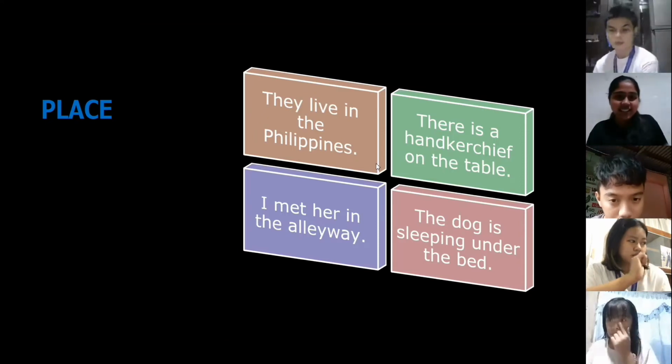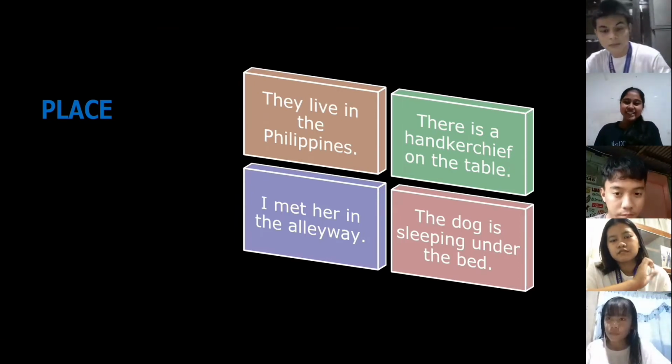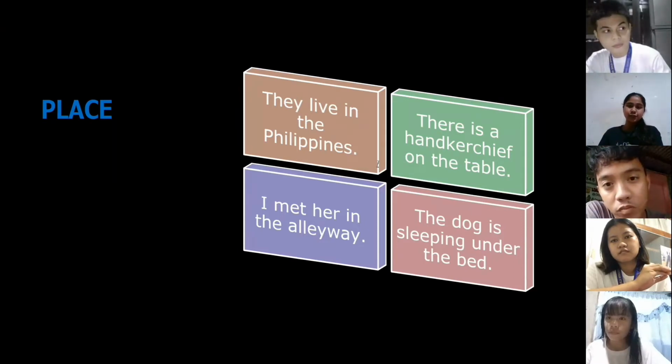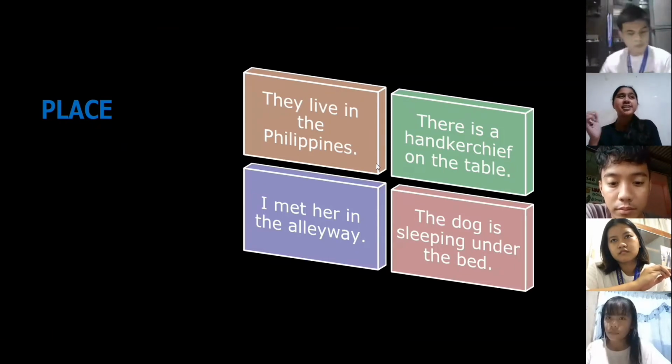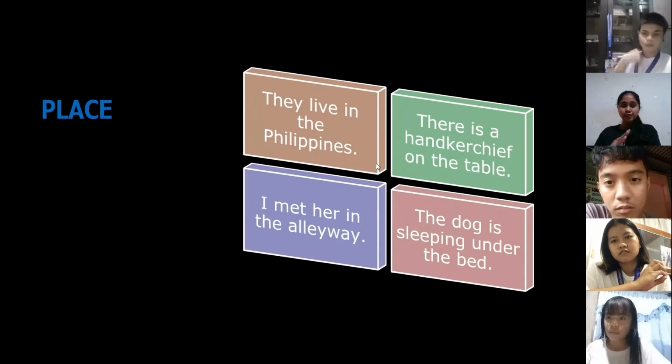So next, the last example is under. The dog is sleeping under the bed. So under is used to refer to the lower part or bottom part of something. So now, is it okay to say that the dog is sleeping on the bed? So the answer is obviously yes.